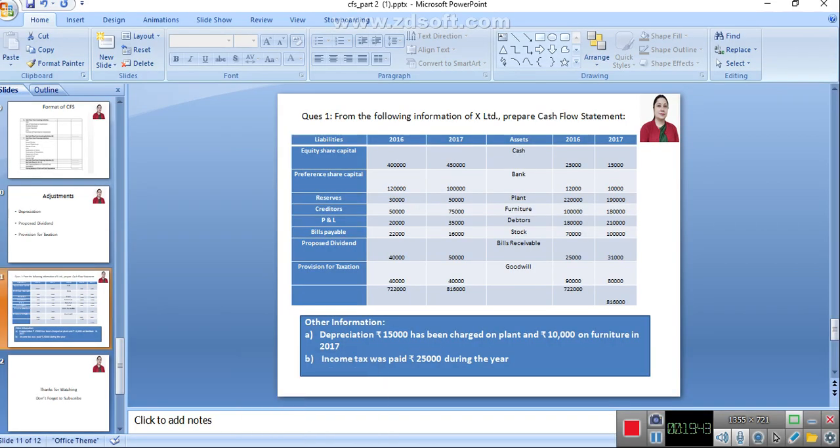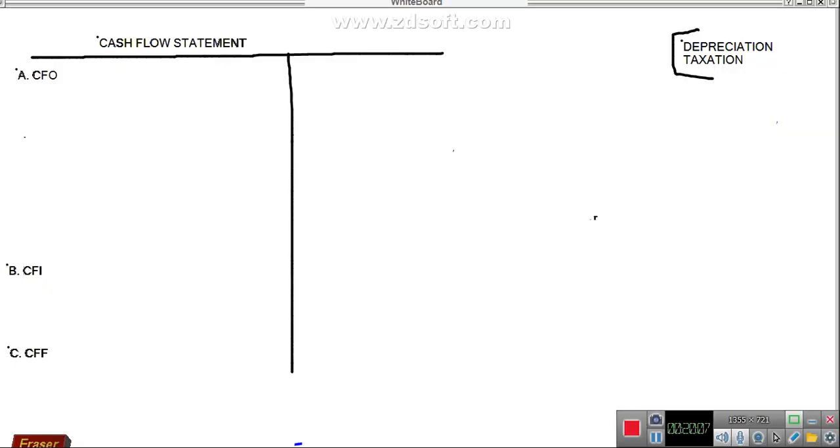From the liability side, start with the first line item given in the balance sheet. It is equity share capital. Now you can see in 2016 it was 4 lakh, and in 2017 it is 4 lakh 50,000. So it is showing you an increase in share capital by 50,000. So it will be included in cash flow from financing activities.